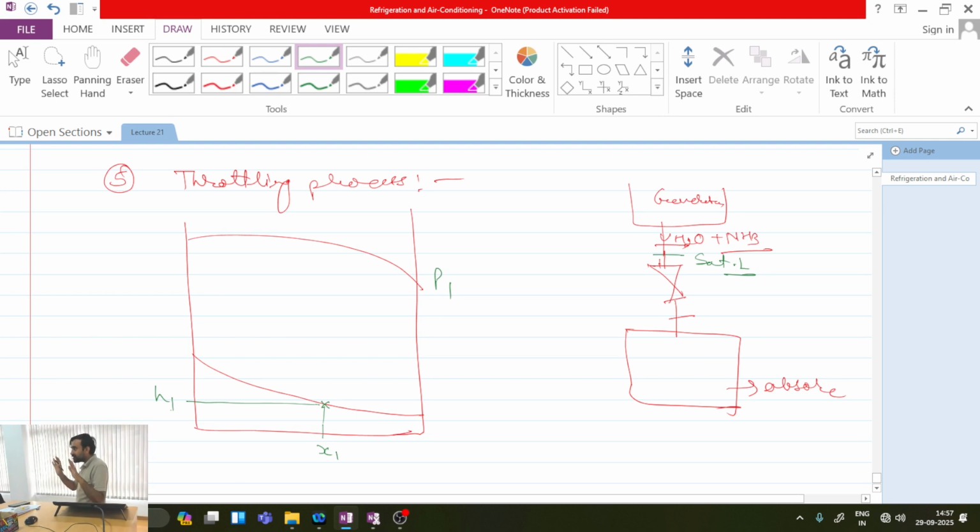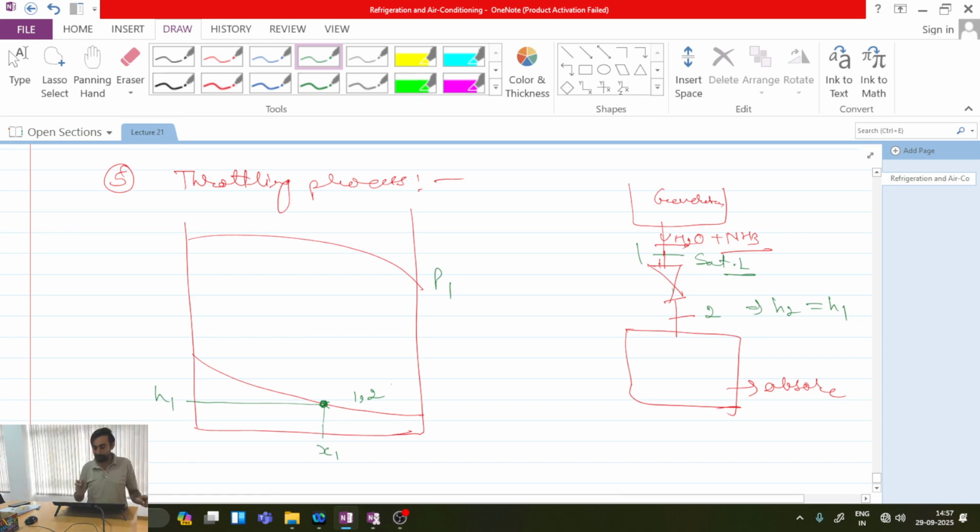Are all clear with this point? Now when I move through the throttle to point 2, H2 will be the same as H1. And what about composition? In the throttle, have I added or removed any ammonia? No. So composition should also remain the same. It means point 1 and point 2 will be represented by the same point on the enthalpy composition diagram.